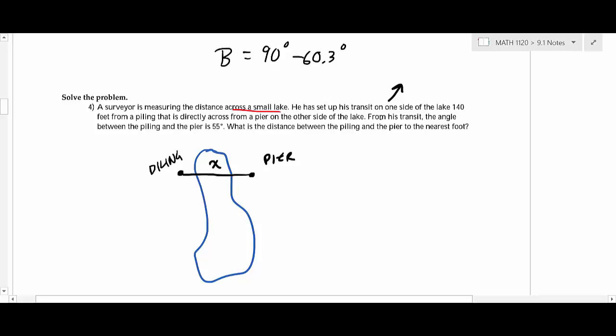Then it says the transit, was the transit here or was the transit here? Okay, so he's got the piling directly across from the pier. So we got that. So the transit's below the X. Yeah, that's it.